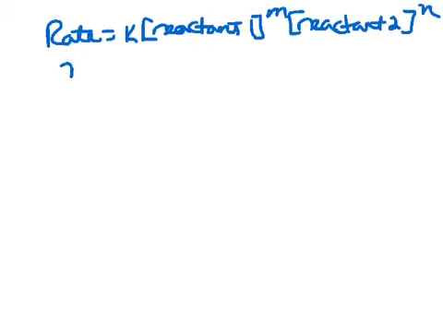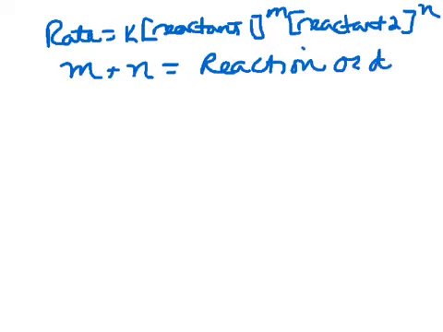And those exponents, m and n, are what we call reaction orders. It's important to realize that those reaction orders in a rate law are not dependent on the stoichiometric coefficients.